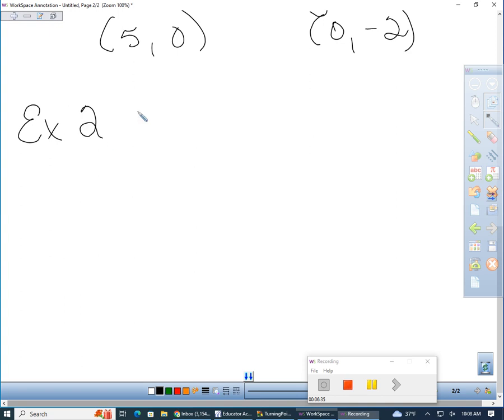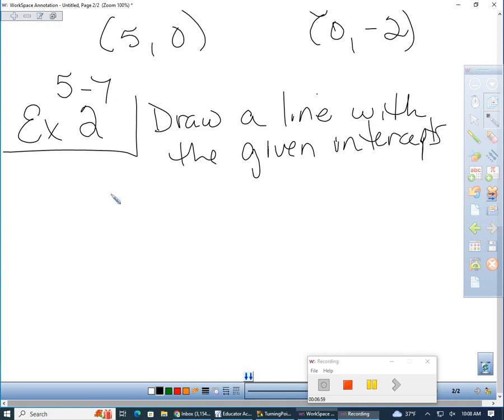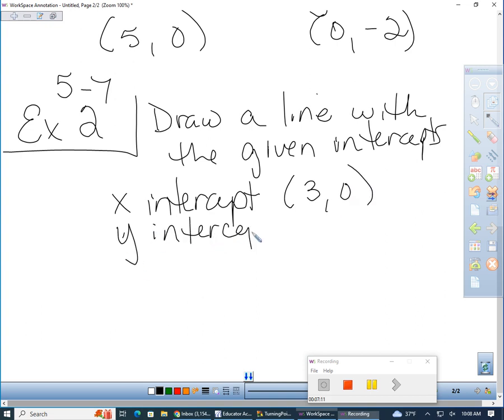Example number 2. This is 5 through 7. On your worksheet, it says draw a line with the given intercepts. It's written as x-intercept is at the point 3, 0, and the y-intercept is at 0, negative 5.